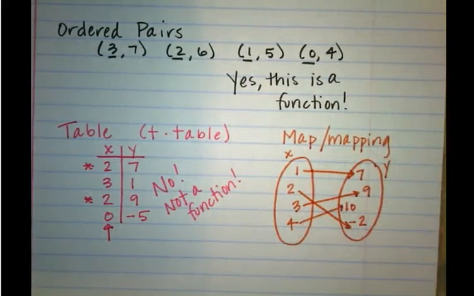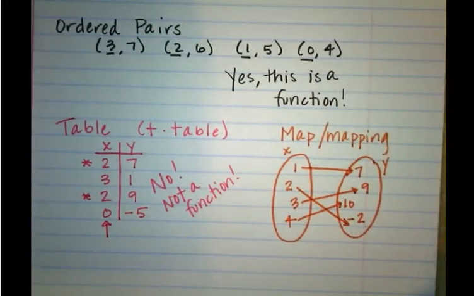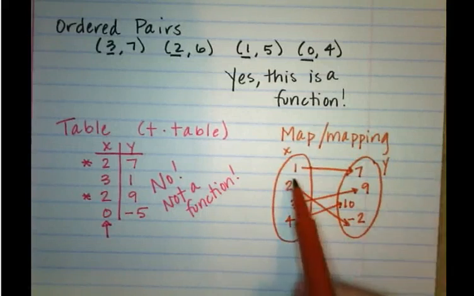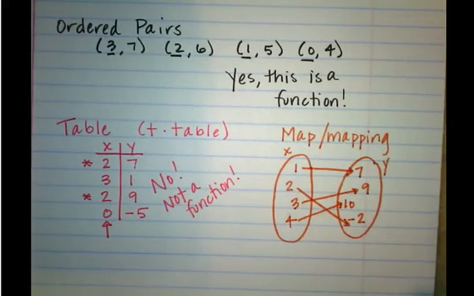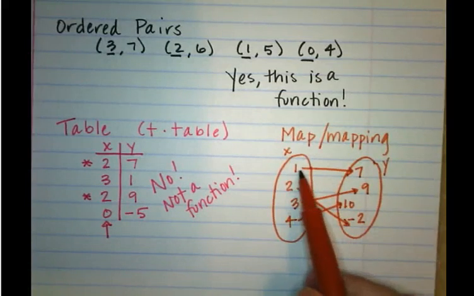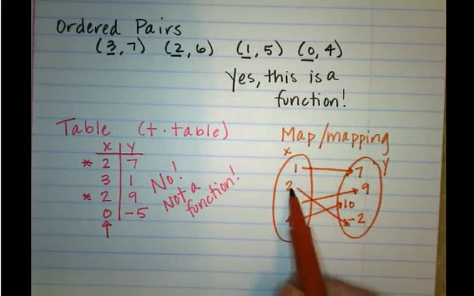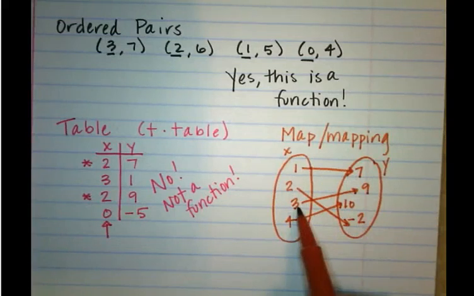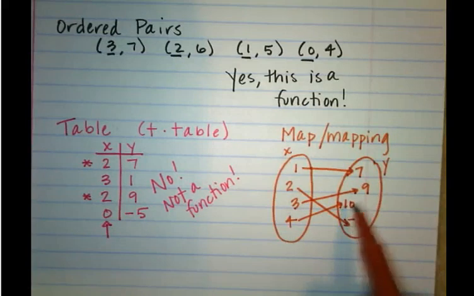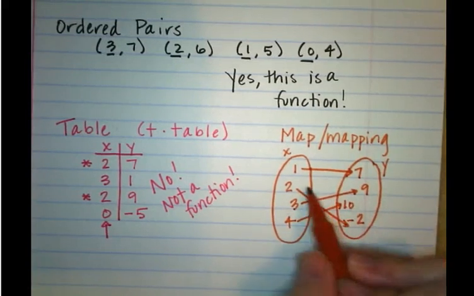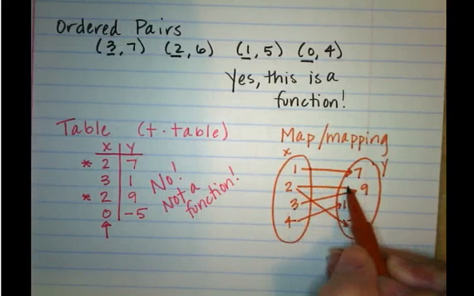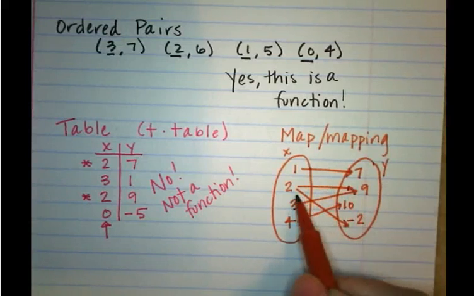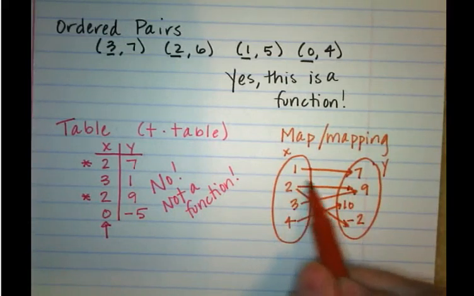And there. Now, if I was asked if this was a function, what I want to do is make sure that each x is only used once. So that's only used once, 2 is only used once, 3 is only used once, and 4 is only used once. So right now the answer would be yes, that this is a function. But if I had another arrow like this, now 2 is used twice.